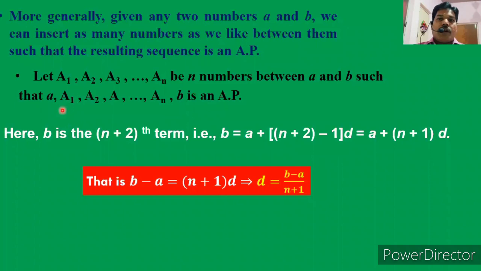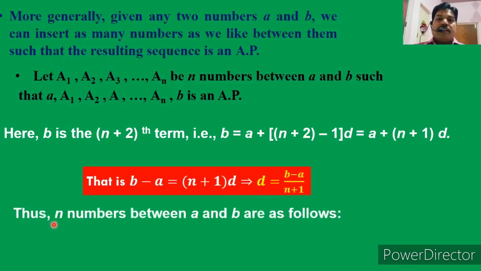So a and b are two numbers, total numbers are n plus 2 terms. So b is the n plus 2th term. So b can be written as a plus n plus 1 into d. From this, d value is nothing but b minus a by n plus 1.